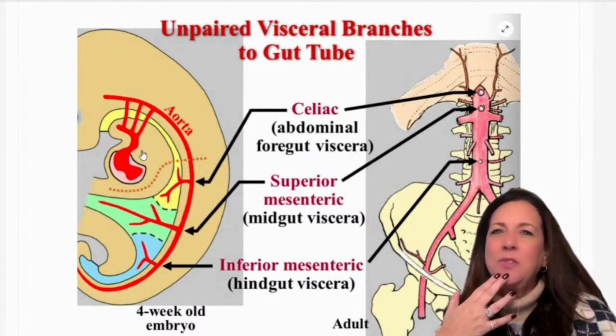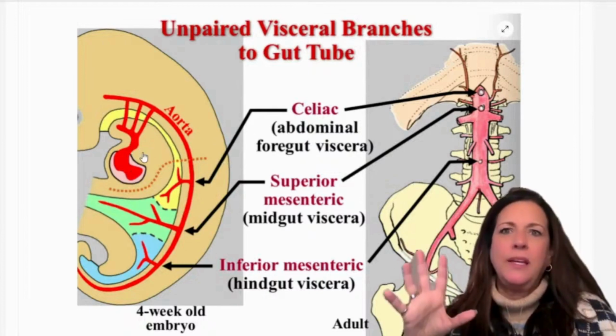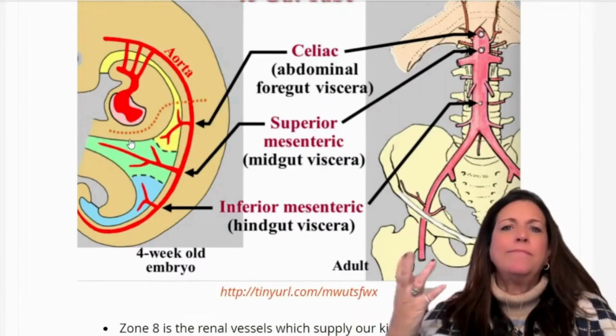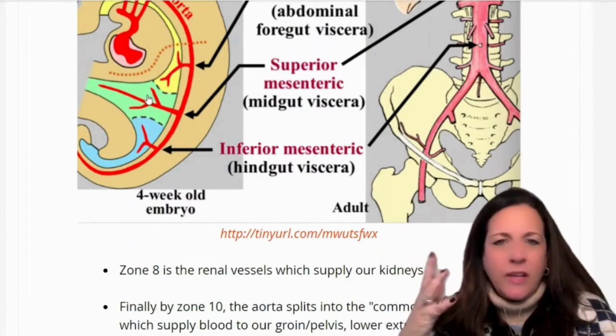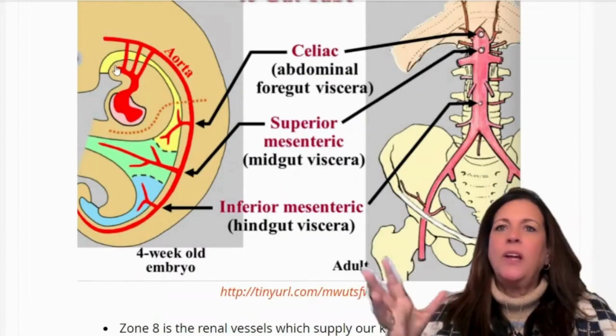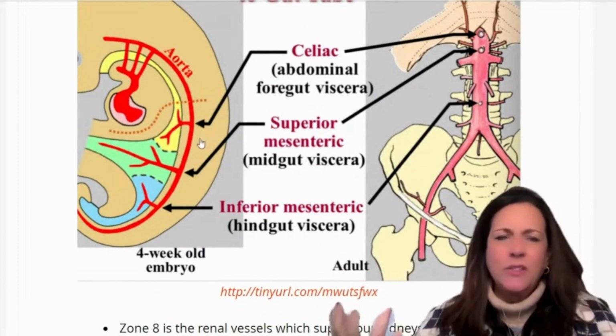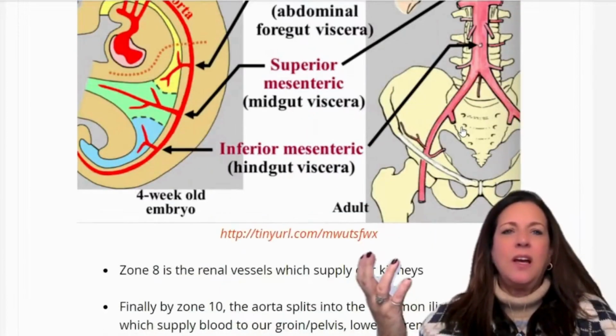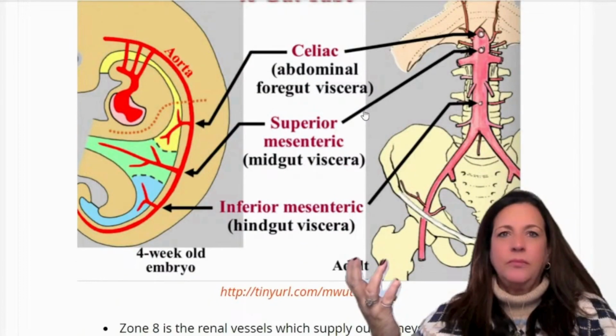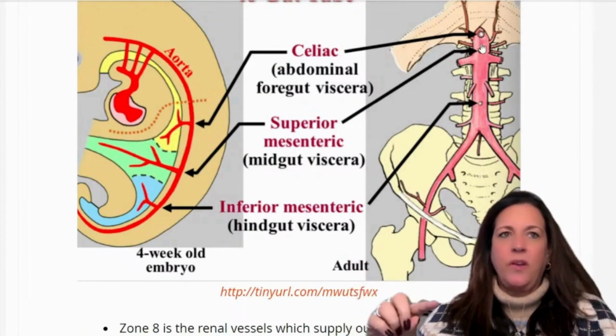So I think this looks like this 4-week-old embryo. Look, I was about to say it was a CT scan. So this is what it looks like in your 4-week-old embryo, where not everything is formed. Here it is in an adult. These are the different areas and where they're found.